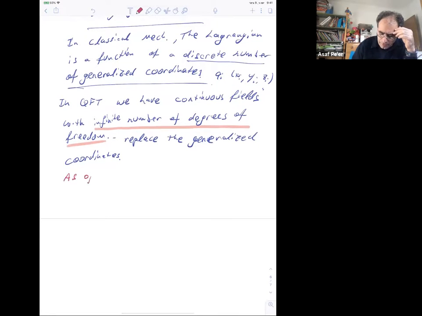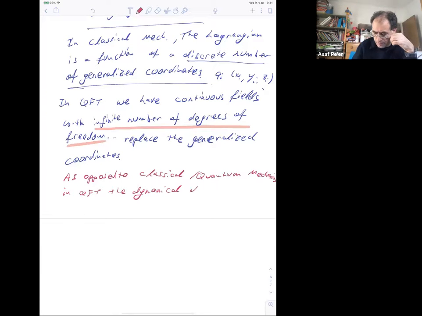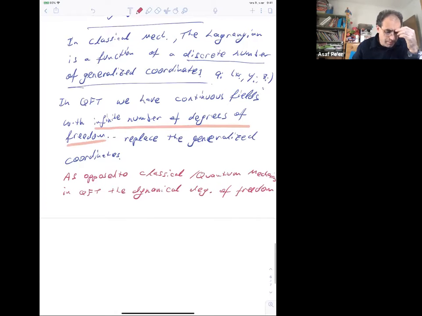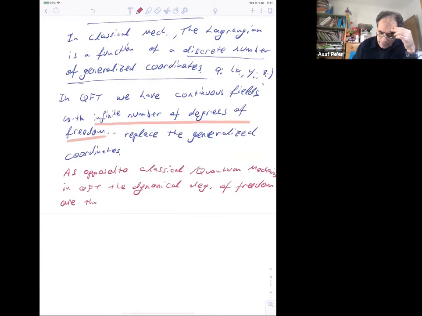As opposed to classical quantum mechanics, in quantum field theory, the dynamical degrees of freedom are the values of the field, traditionally you call it phi or psi.